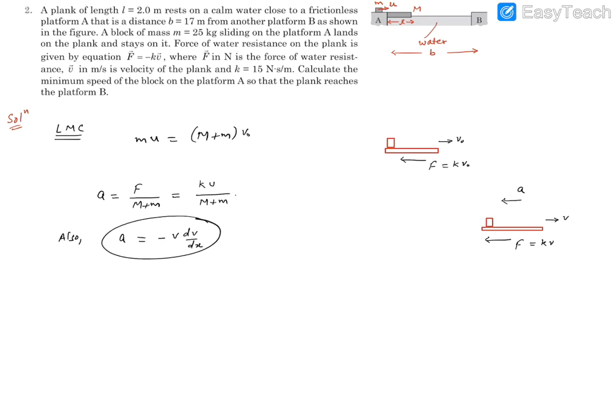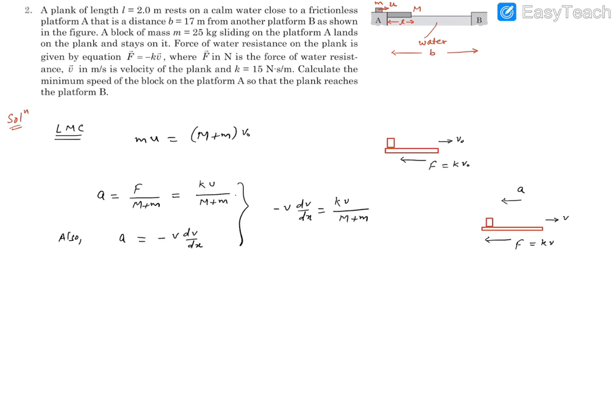This is one of the definitions of acceleration, v dv by dx. Putting the minus sign makes it retardation. Using these two equations together, we find minus v dv by dx is equal to kv divided by capital M plus small m.